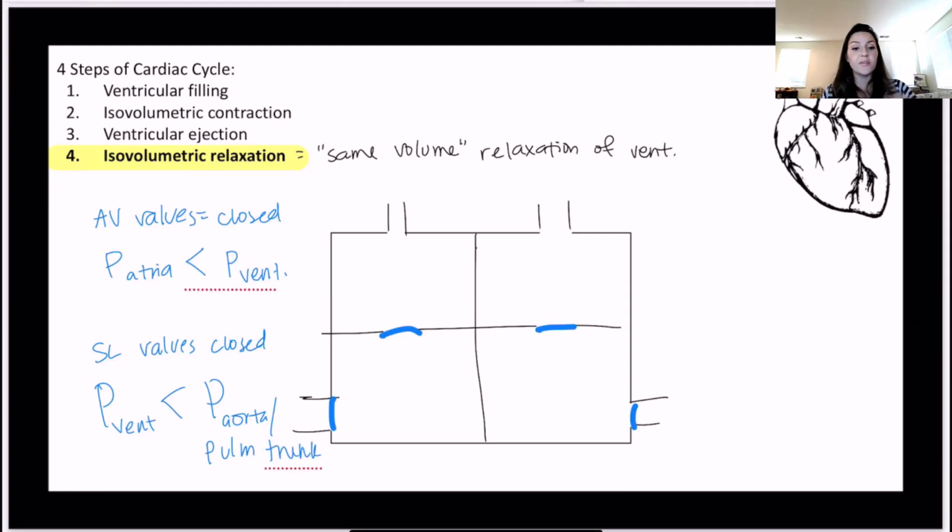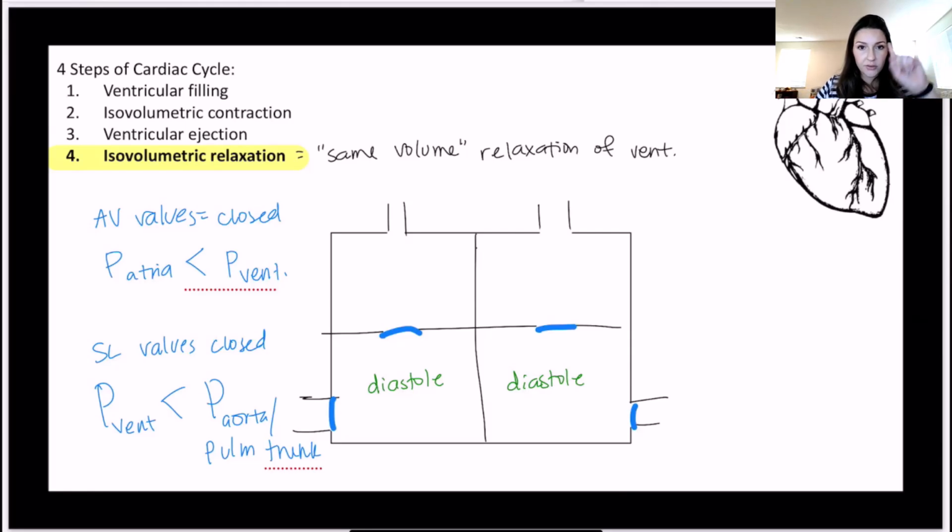So pressure opens valves as long as the valves allow, and in this case, the valves don't allow it, so everything's closed. This is like a spectrum: the ventricles start really early in the stage in diastole, and then they finish very much so in diastole.